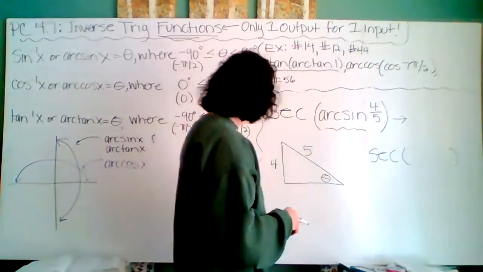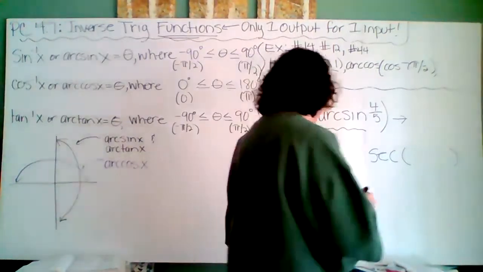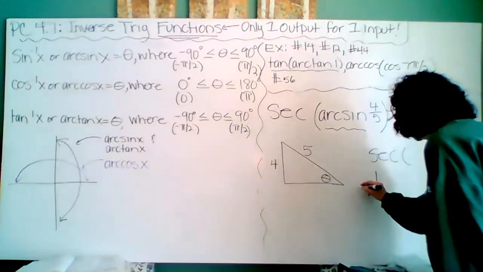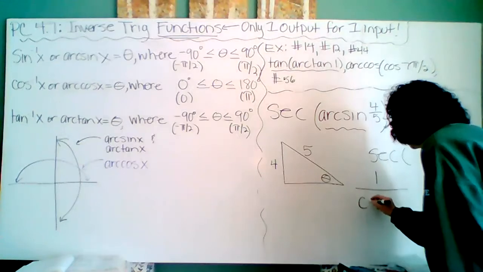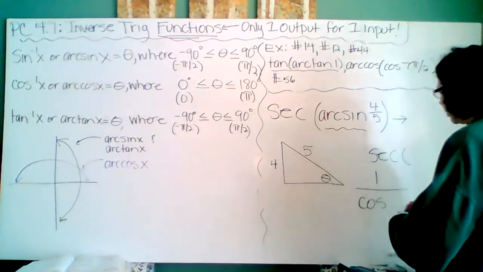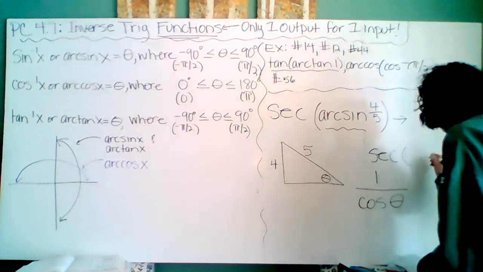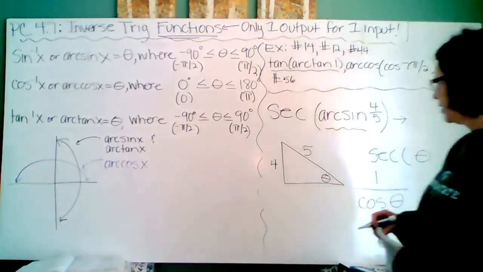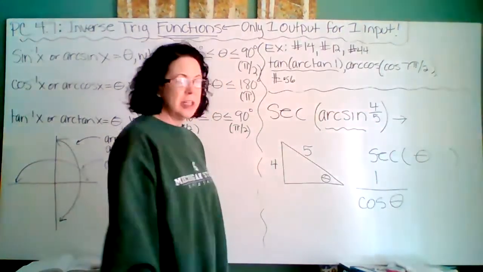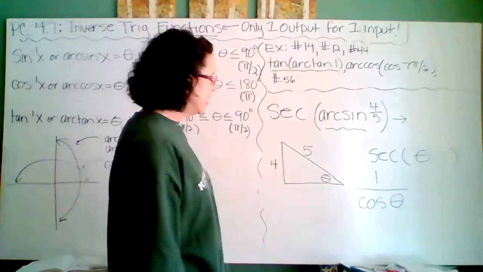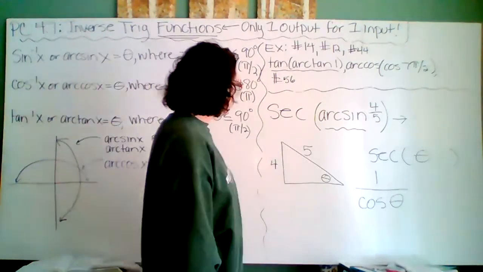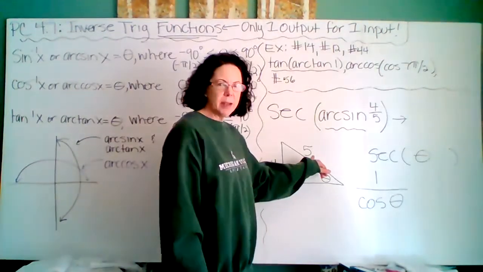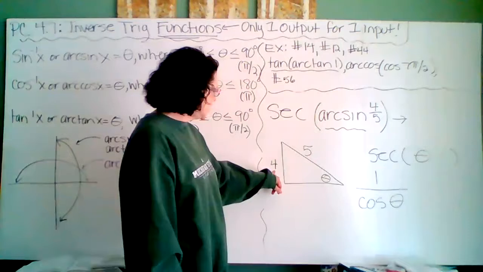Okay, so let's take a look. Secant is the reciprocal of cosine. So I'm trying to find secant of theta, and that is the reciprocal of cosine of theta. I would need the adjacent side to do that. When I do the Pythagorean theorem, that would be 5 squared, the hypotenuse squared, minus the leg squared.